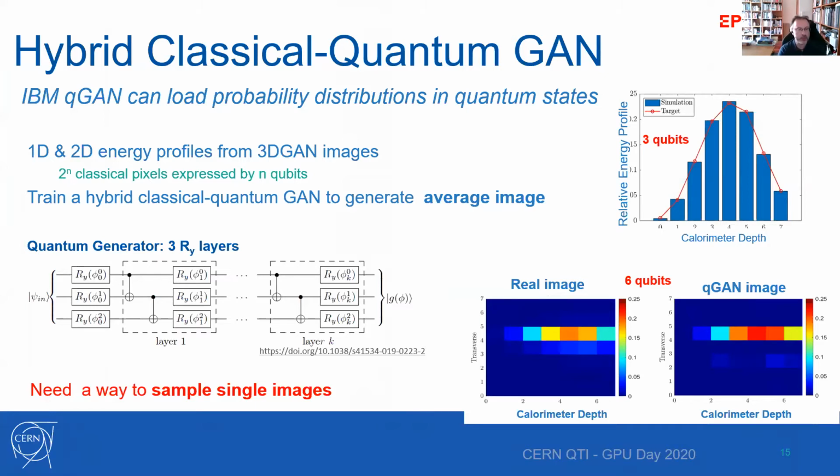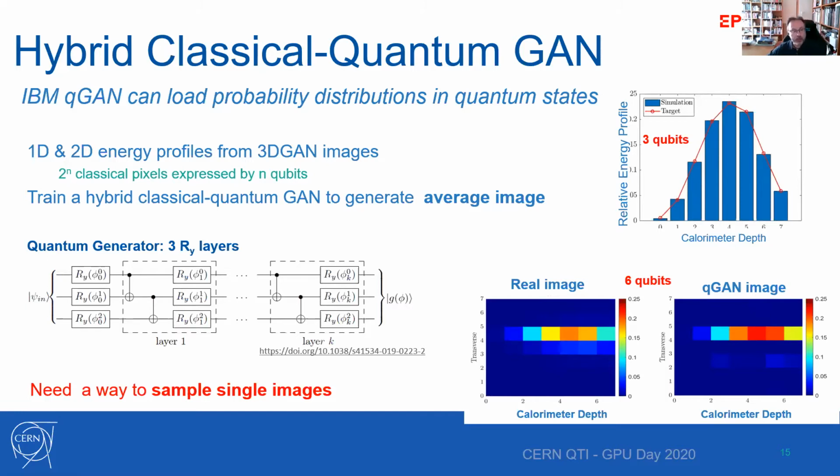So we are using a quantum generator and a classic discriminator. And on very simple initial models, one-dimensional, two-dimensional, again, we have seen that these models are actually quite precise. They give the expected energy profile, energy distribution of a particle, in this case of a single particle crossing a simple calorimeter.